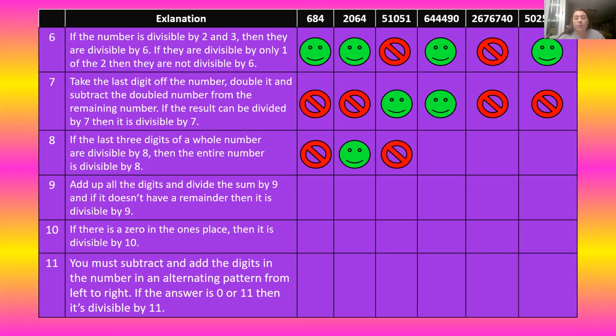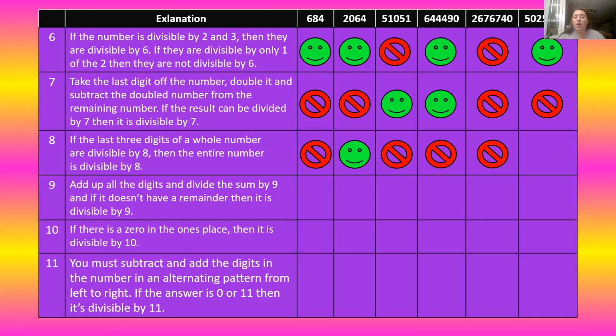And then now we have 490, because you take the last 3, you divide it by 8, and you get 61.25. So that is not divisible by 8. Next on our last 3 is 740 divided by 8. You get 92.5, which is also not divisible by 8.